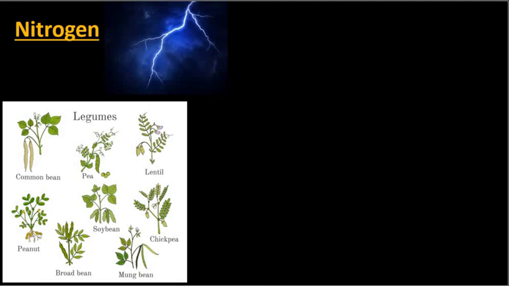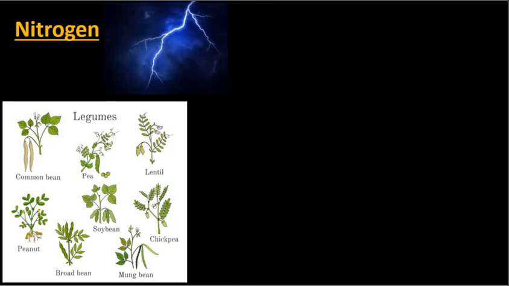All of these legumes are unique plants, and there's others besides these, in that they can actually take nitrogen from the air, and they have special bacteria that live intertwined and within their roots, and they actually will put nitrogen into the soil so that it's in a different form. It's called nitrogen fixing.